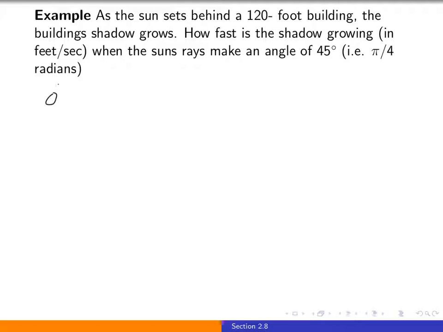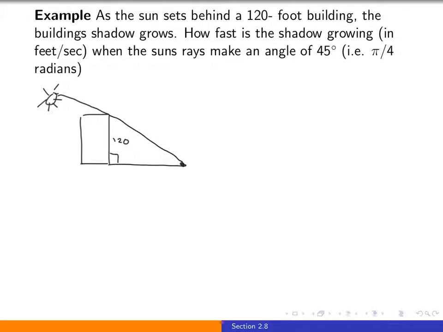So we have our sun, and we have the building. And as that sun sets, the sunlight is going to cause a shadow. So it's a 120-foot building.